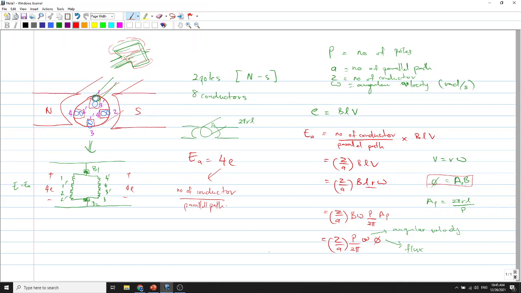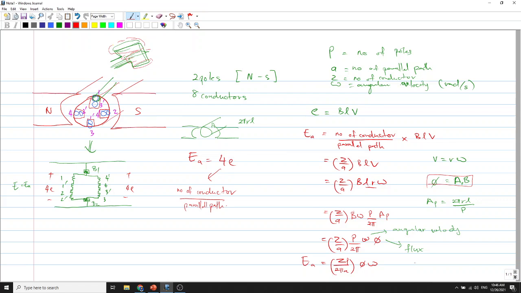So we can write again Z P over 2 pi A, times flux phi and then omega. This is the E A for any number of parallel paths, any number of poles, any number of conductors.